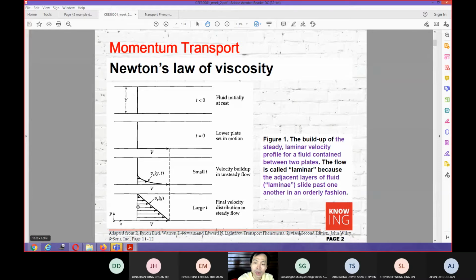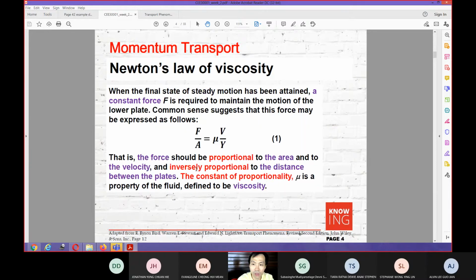This force is called a shear force because it's not a normal force. A normal force is perpendicular to the area where it applies, but here the force is parallel to the area. That's why it's called a shear force.